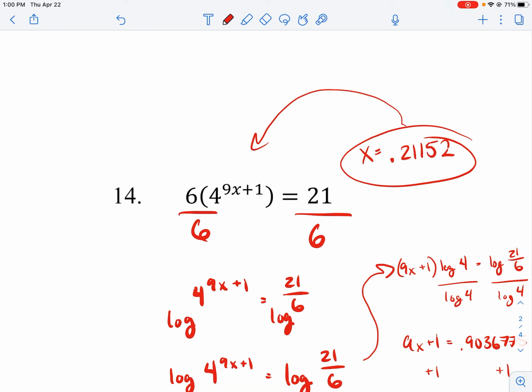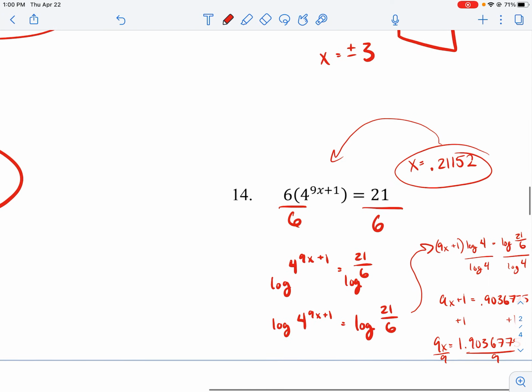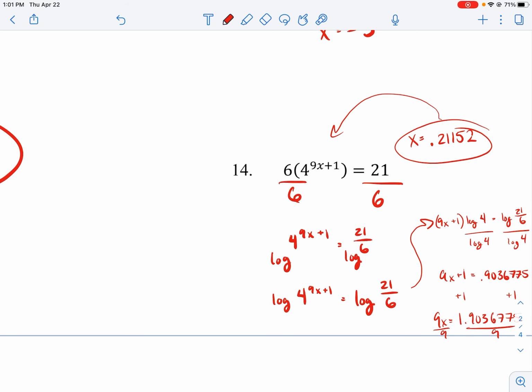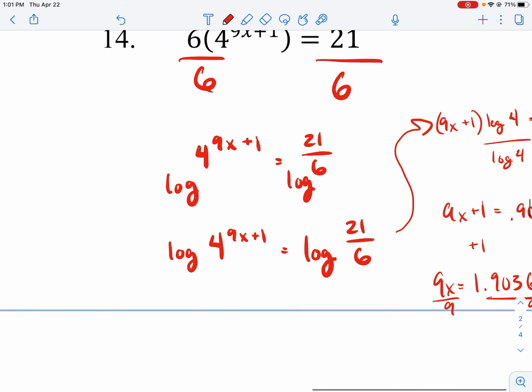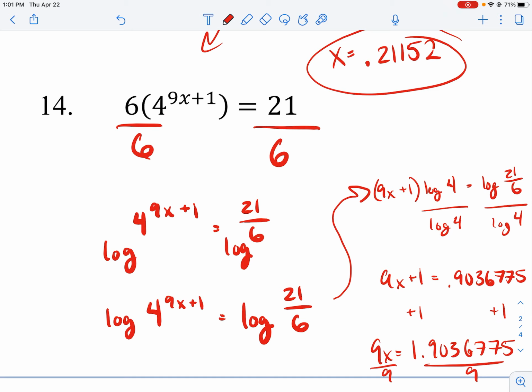What did I do? 4 raised to the 9 times 0.21152 plus 1. I'm not getting the same answer here. Hold on.